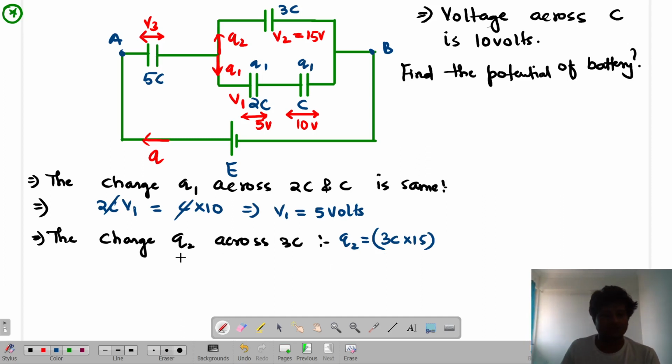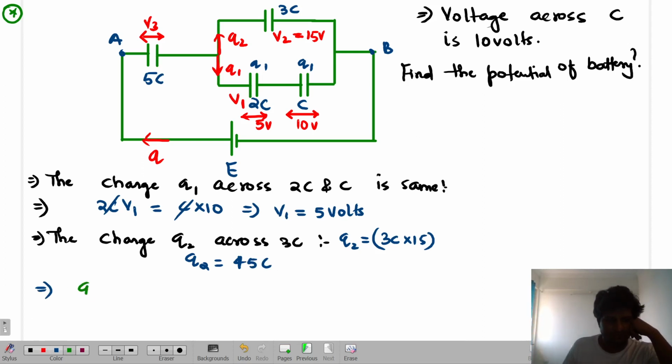So Q2 is equal to 45C. This implies that net charge Q is equal to Q1 plus Q2.